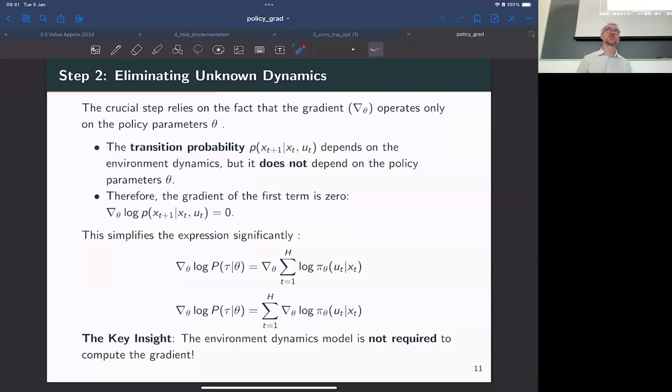It's almost magical, this policy gradient theorem. Because we start from an object that we cannot compute, and we are able to compute the gradient of this object. So we don't know the object, but we have a way to get the gradient of it, which is a bit counterintuitive.